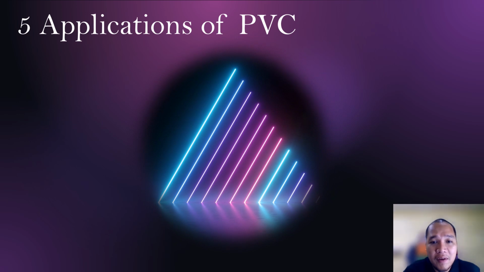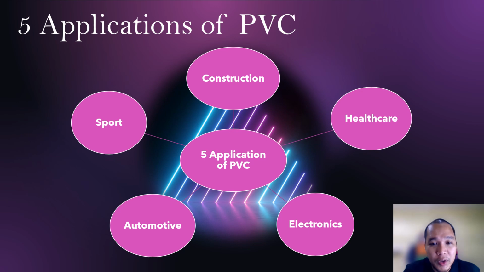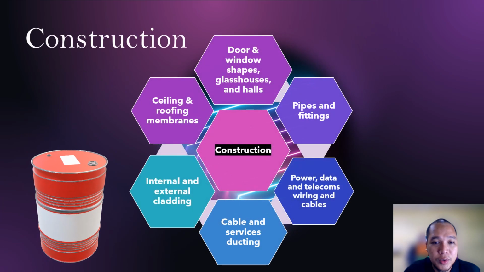So we now have 5 applications of PVC. We can see the 5 applications: construction, healthcare, electronics, automotive, and sport. So first we go to construction. PVC has been used considerably in a wide range of construction products for over half a century.